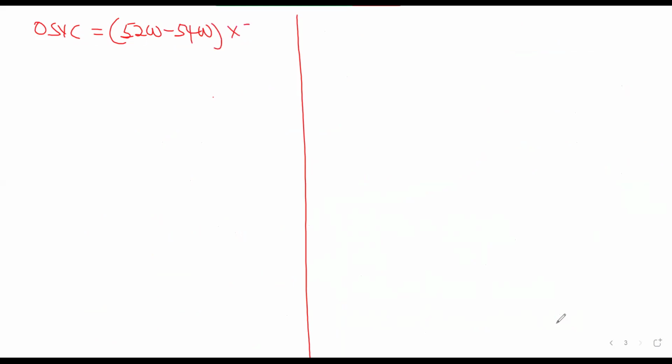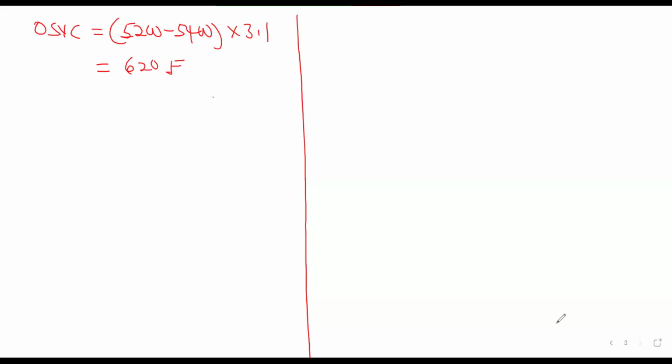This will still be multiplied by the standard contribution. How much are you getting here? 620. So 620 favorable, isn't it?